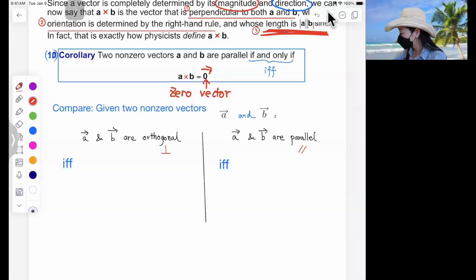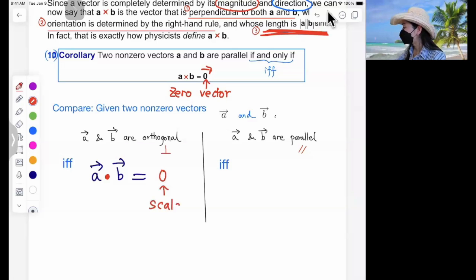If and only if A dot B is equal to zero. You catch up very fast. Is that zero a scalar or a vector? Yes, it's a scalar. The result of the dot product is a scalar.